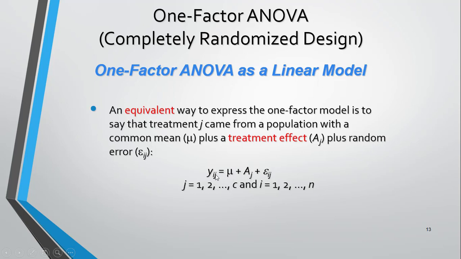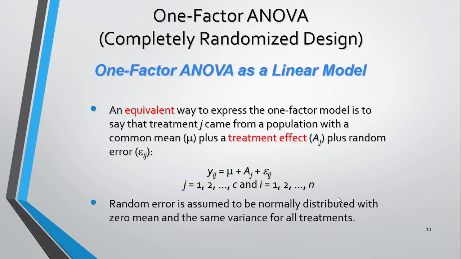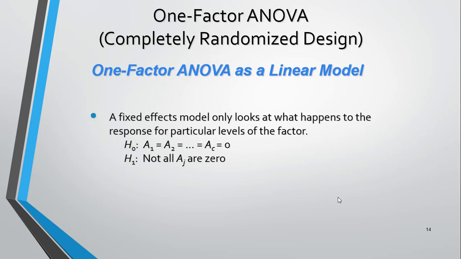That is, for how long you stay in the hospital, Y, there is a common mu, plus a treatment factor that could be, say, facial bone fractures, and you probably add 2 more days. If hip bone fractures, you subtract 5 days, etc. So you can express the same thing using a linear model like this to analyze. Random error is assumed to be normally distributed with 0 mean and the same variance for all treatments. That's the assumption of ANOVA.